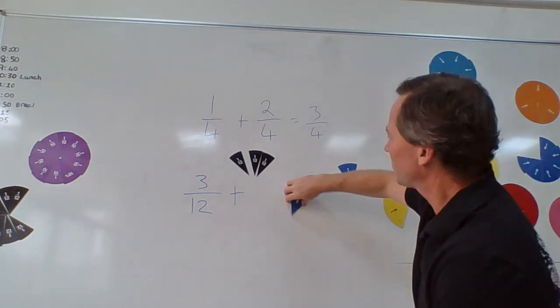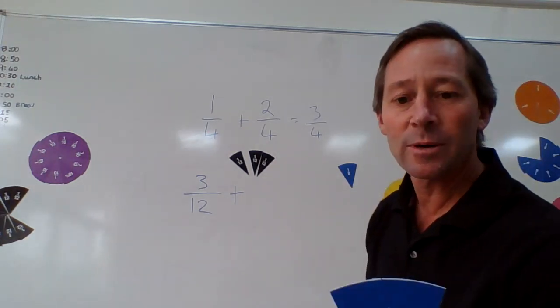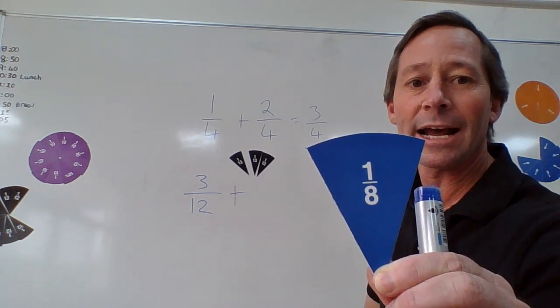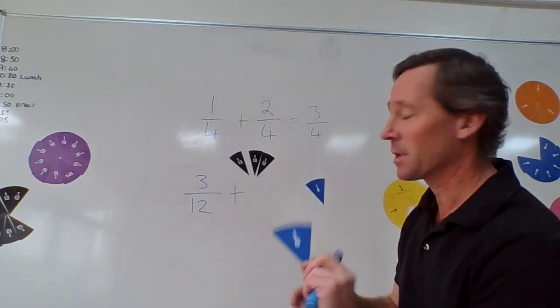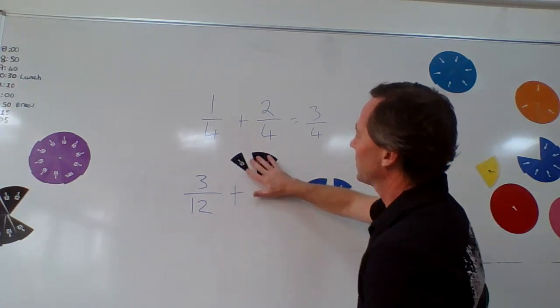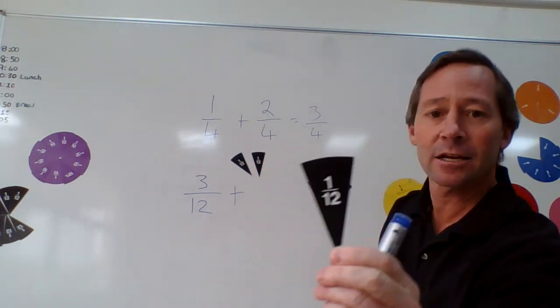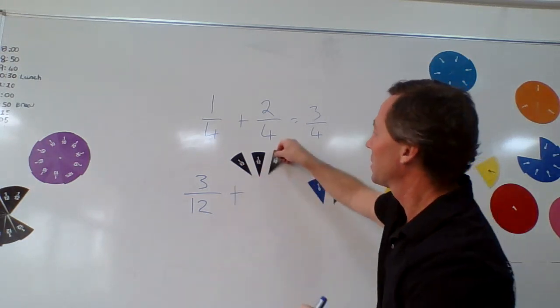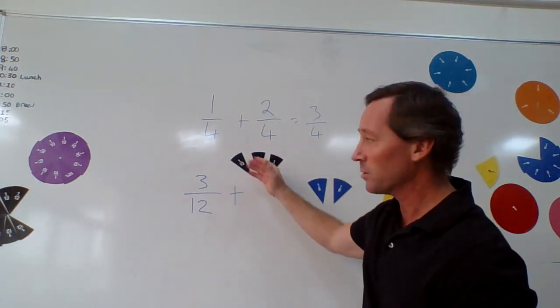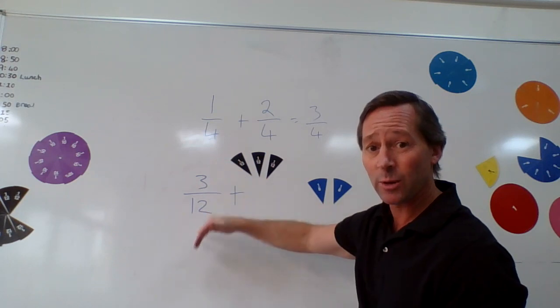Can you see that? Bring this a bit closer. So this one here is saying 1/8, but I'll have 2 of them. So you can see this here is saying 1/12, but I have 3 of them. So I have 3 1/12, which equals 3/12.